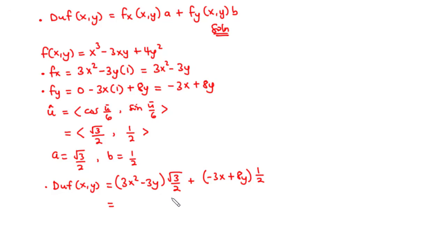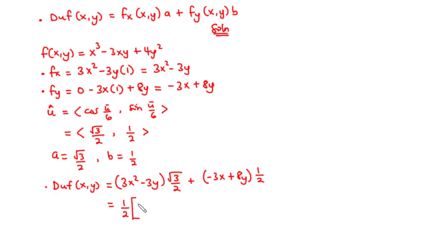Now notice that we have 2 appearing here and then here at the denominator, so we can pull that one out. So we are going to have 1 over 2 outside, and then we multiply root 3 across for this term.